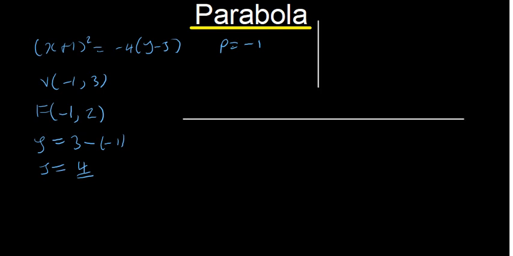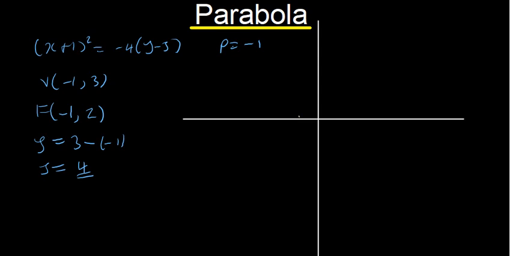One thing that we also observe is that this opens downwards, but we have to determine exactly where it's located, because the vertex is not at the origin. So we can see that the vertex is at negative 1 on the x-axis, and positive 3 on the y-axis.